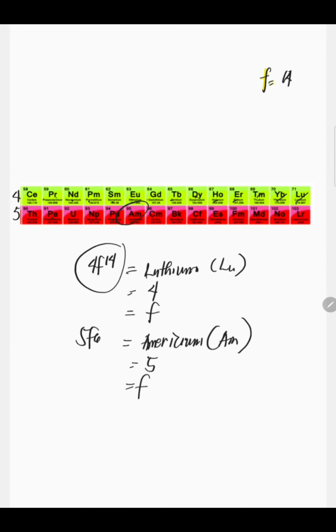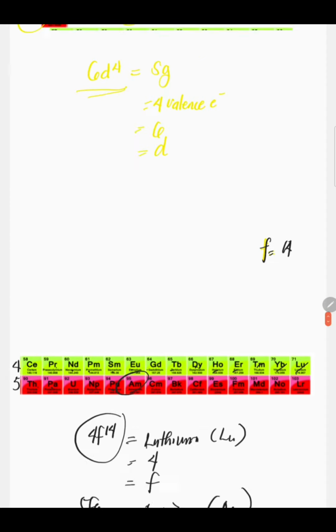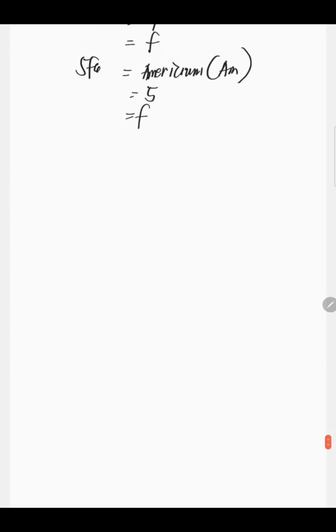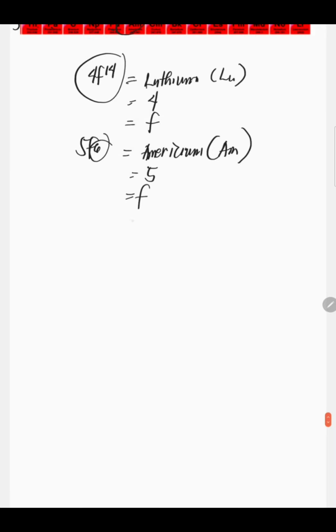The sub-level is F. Alright? Did you get it? And then, the valence electron is 6. That's how we place the electronic configuration in the periodic table.